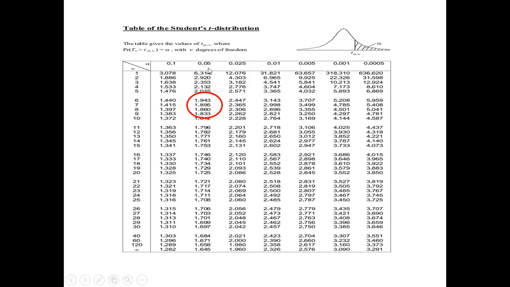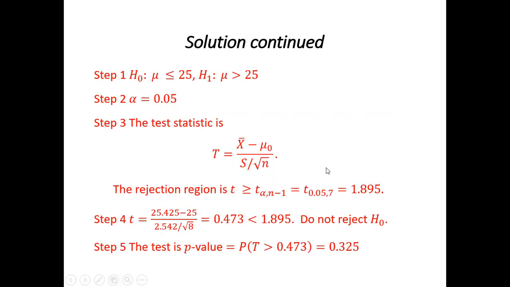So 0.05, degrees of freedom is 7. You could see that we would get this value right here, 1.895. Okay, so that will be our critical value. So what this implies is when we calculate the value for t, if t is greater than this value, then we will reject the null, and if t is less, then we will fail to reject.